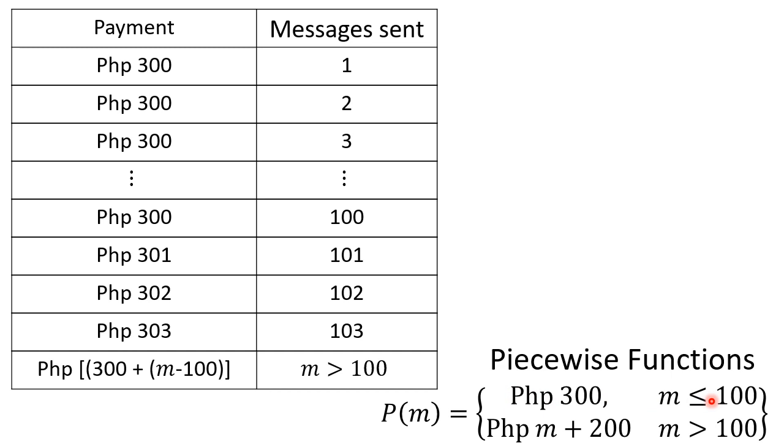Yung unang sub-function is defined for values of m from 0 to 100. And yung pangalawang sub-function is defined on values of m greater than 100. Ang tawag natin sa mga ganitong function ay piecewise function.